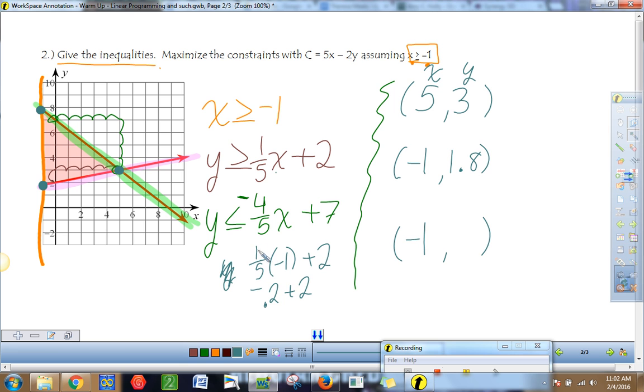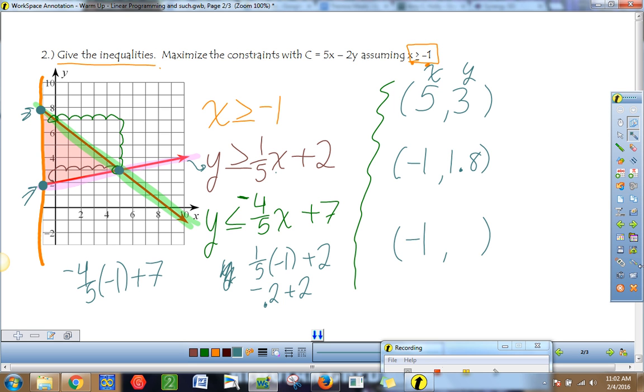Well, this was the purple line. I color-coded stuff here, right? So that was this coordinate right here. The orange line crosses with the one that's highlighted in green at that point. So we want to plug a -1 into here. So we've got -4/5 times -1 plus 7. -4/5 is -0.8.